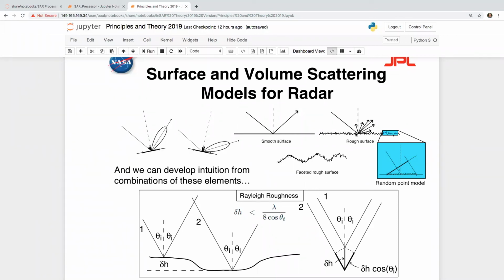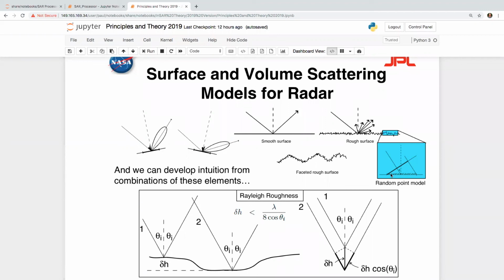If you add a little bit of roughness to that surface, then you'll get more scattering backwards towards the radar, and you'll get more scattering off in various directions. So you can build up a notion of surfaces from facets and these random elements.